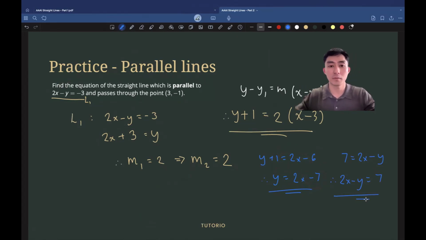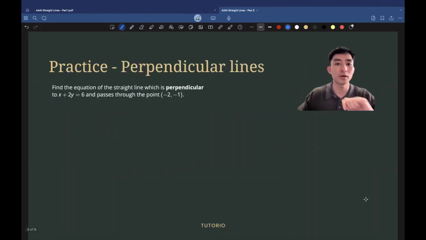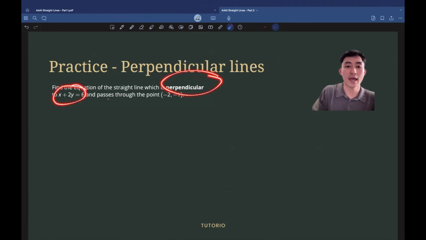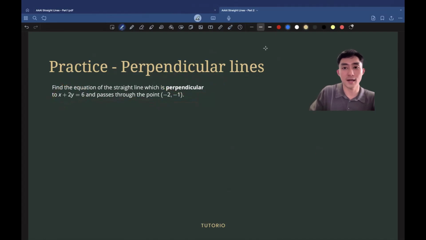All right. Now we shall practice one more, which is the perpendicular lines. We need to find the equation of the straight line which is perpendicular to this and passes through the point. Again, we can name this line 1. We simply see again how to get the gradient, which is turning it into gradient intercept form.